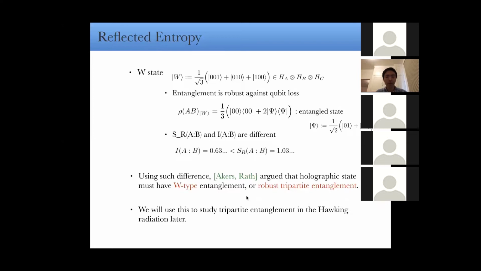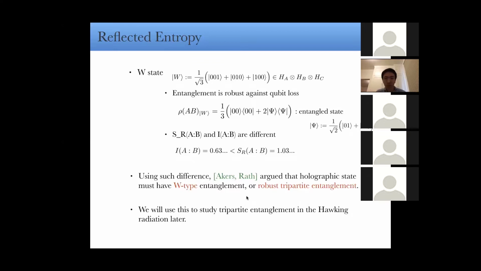So you're only computing the reflected entropy and mutual information between A and B? Yes. If you compute the reflected entropy between A and BC, since this state is a pure state, it just goes back to the entanglement entropy.